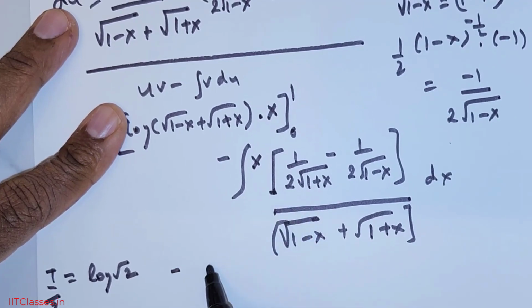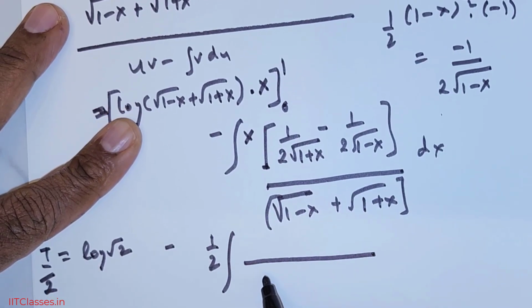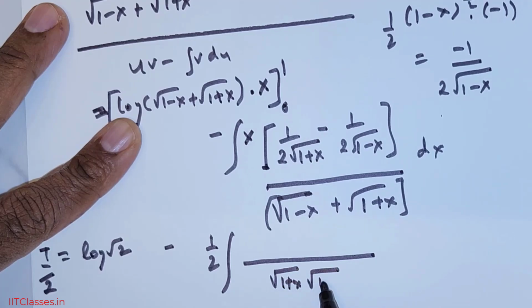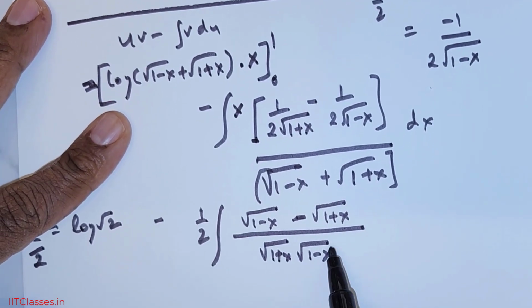So I'm going to take 1 over 2 out and then have the LCM as root of 1 + x times the root of 1 - x. So over here I will get root of 1 - x, over here I get root of 1 + x.